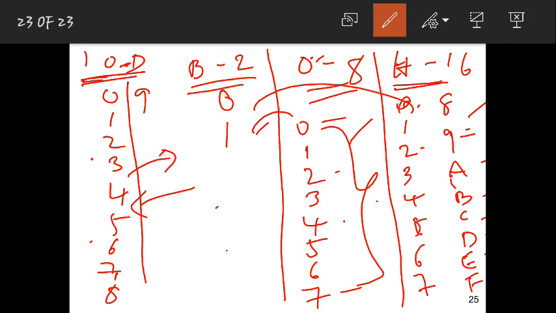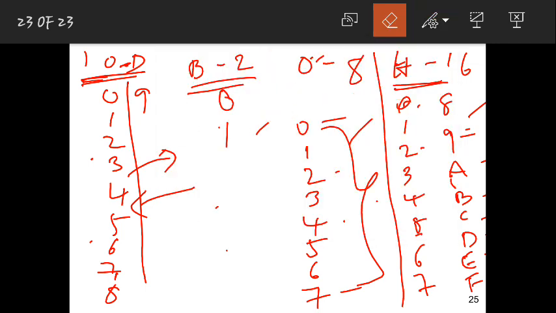But whenever you want to write in terms of octa, what you are going to do here is you need 3 bits.